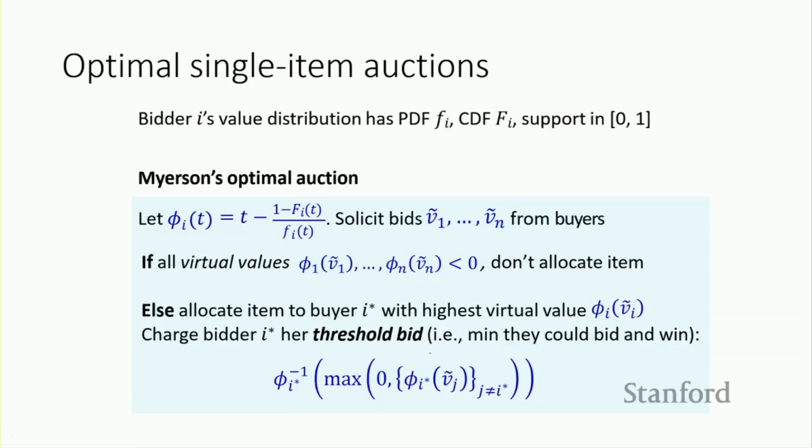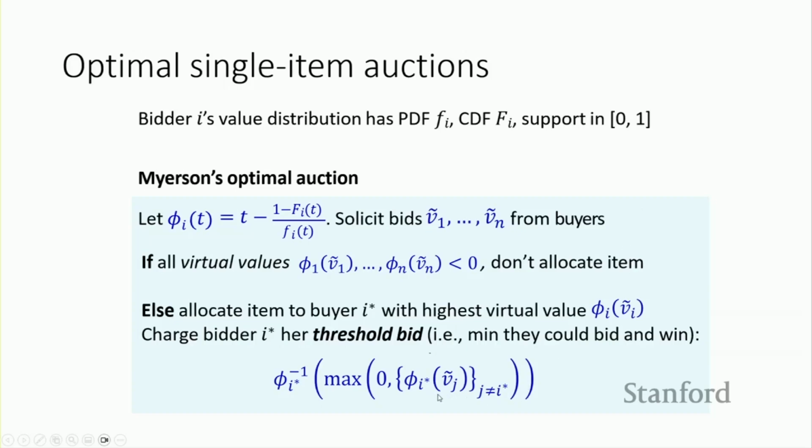So the mechanism ends. If there's at least one that's greater than 0, then you allocate the item to the buyer with the highest virtual value. And then they pay a thresholded bid, which is computed as the inverse of this forward function. So you can look at the definition.